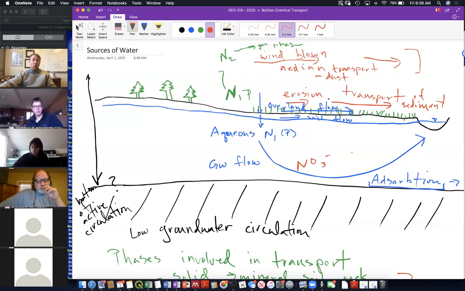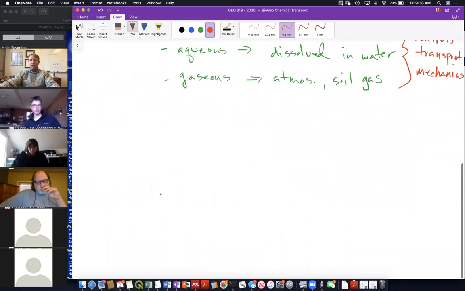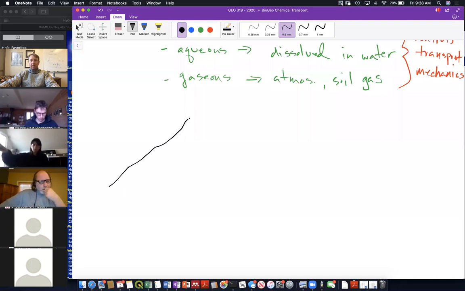Or by reducing the vegetation, you increase the erosion. An example of this that we see a lot is after a fire. So you've got a mountain. Here's our stream.